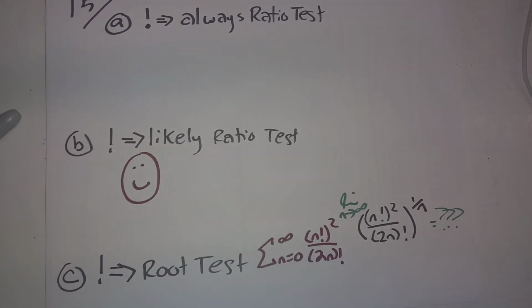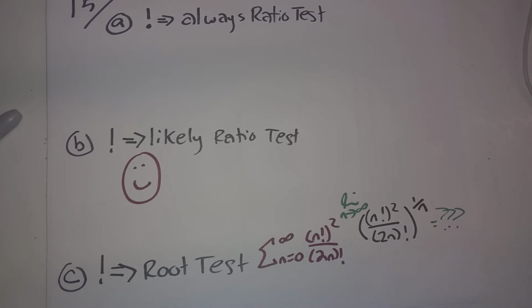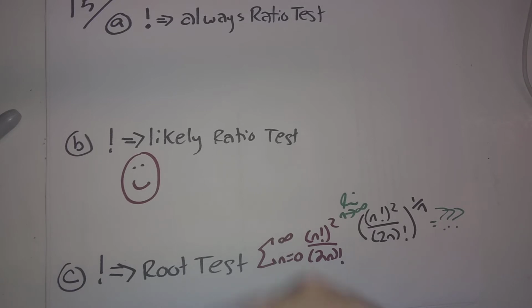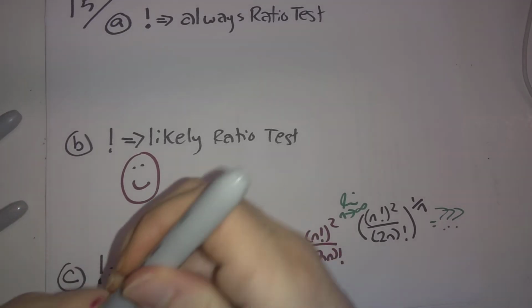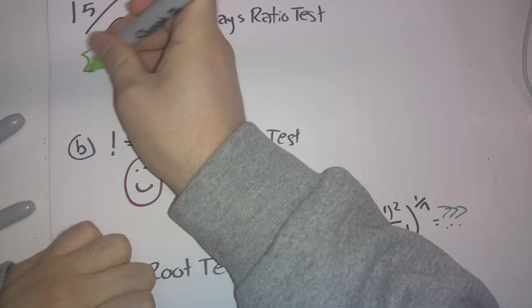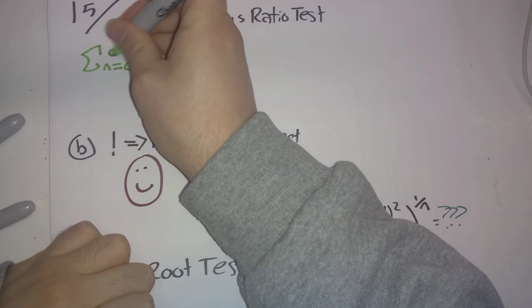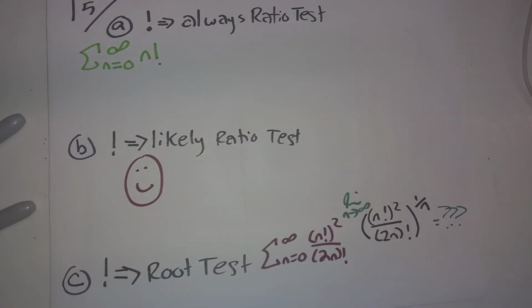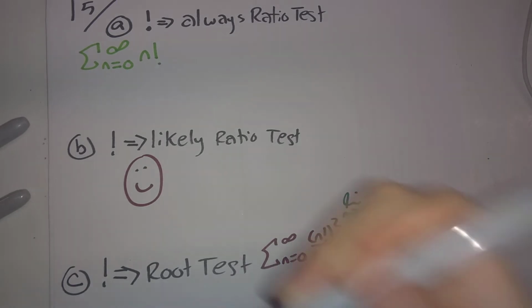But to say in particular that when we see factorials, we should always use the ratio test, that's too strong. I can give a couple of examples here. One counterexample, I guess I should say, is the following. The sum from n equals 0 to infinity of n factorial. Now this diverges.